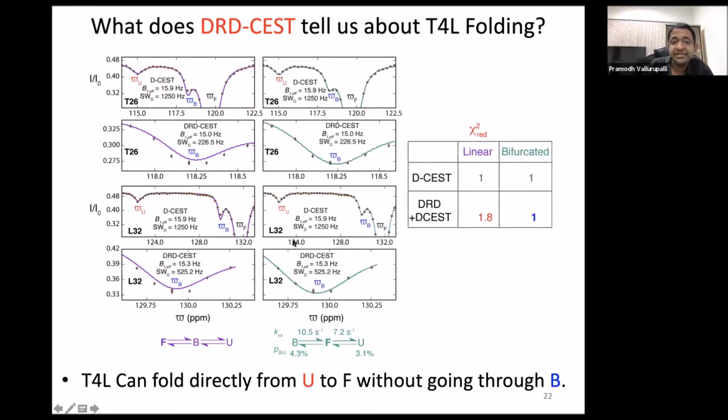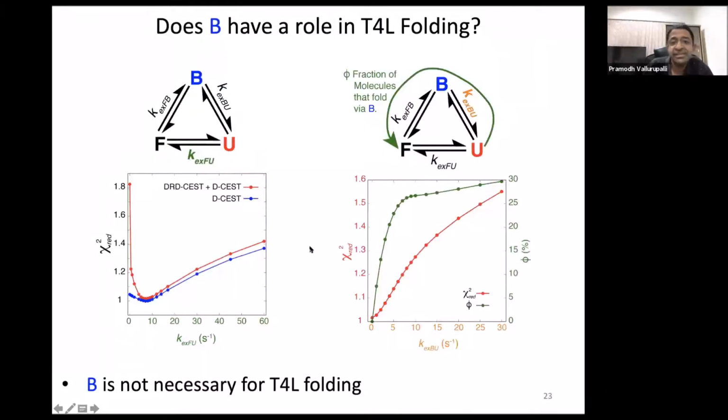On the other hand, when we fit it to this bifurcated model where B has nothing to do with folding, it satisfied it very well, and we got back exactly the same exchange parameters as we had before. So this told us that T4 lysozyme can fold from U to F without going through the state B. We confirmed this by doing more calculations, and we can say that B is not necessary for T4 lysozyme folding.